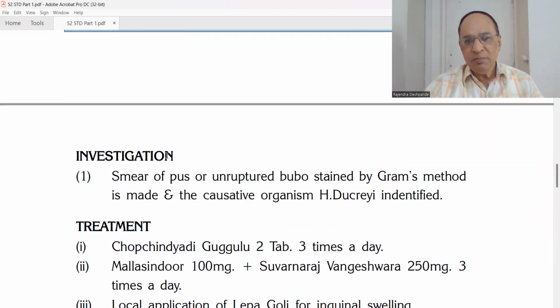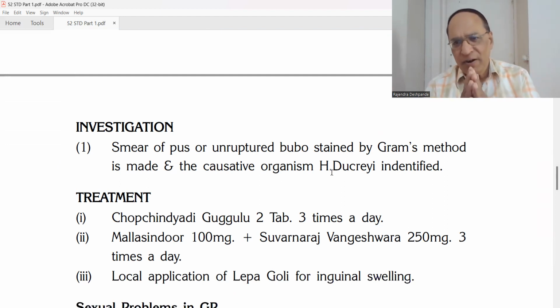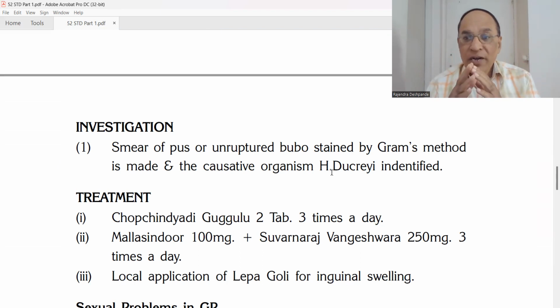Investigation, again here smear of pus or unruptured bubo stained by Gram's method is made and the causative organism H. ducreyi is identified. My dear friends, here again the symptoms are a little different. For example, syphilis, painless ulcer. Gonorrhea, lot of urethral discharge and burning micturition. Here, multiple small ulcers.